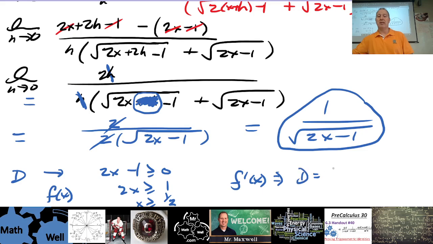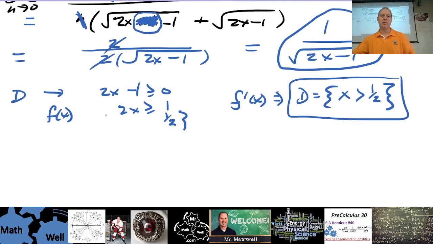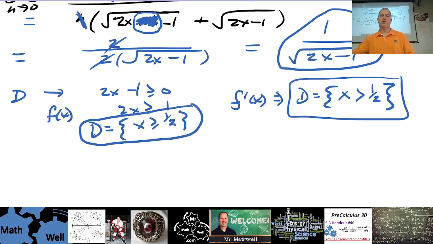The domain here is x just greater than 1/2, cannot be equal. And we'll assume x is in the reals here, so that's all I need for your domain. Okay, so domain here, use those kind of funny brackets. So that's the domain for the function, domain for the derivative.